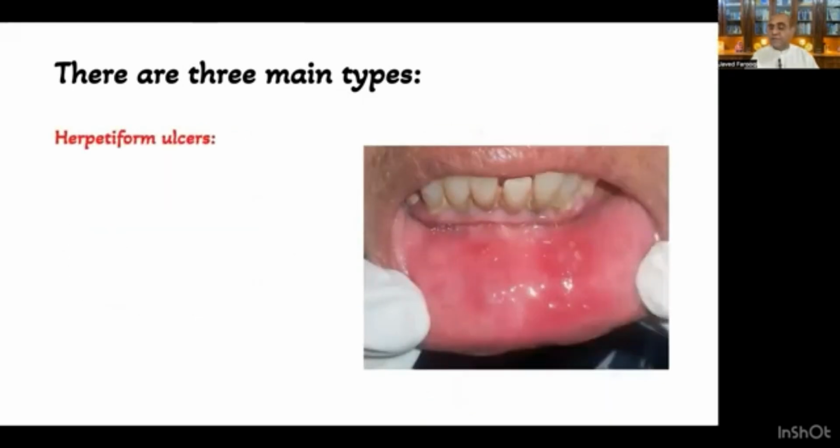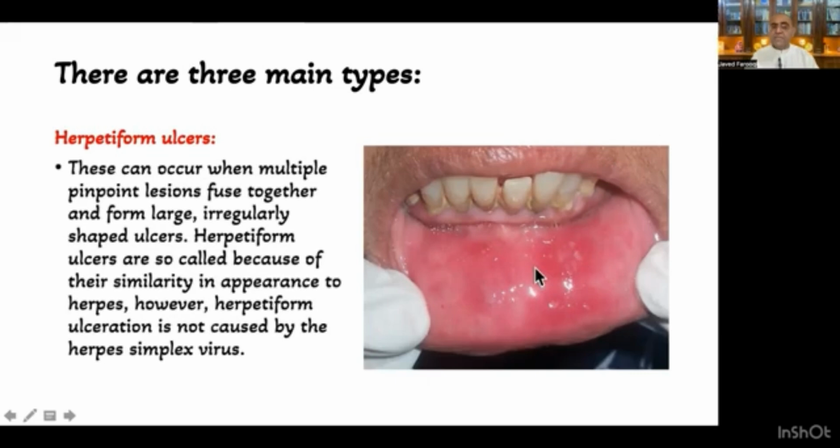Then the third variety is herpetiform ulcers. These can occur when multiple pinpoint lesions fuse together and form large, irregularly shaped ulcers. Herpetiform ulcers are so called because of their similarity in appearance to herpes.